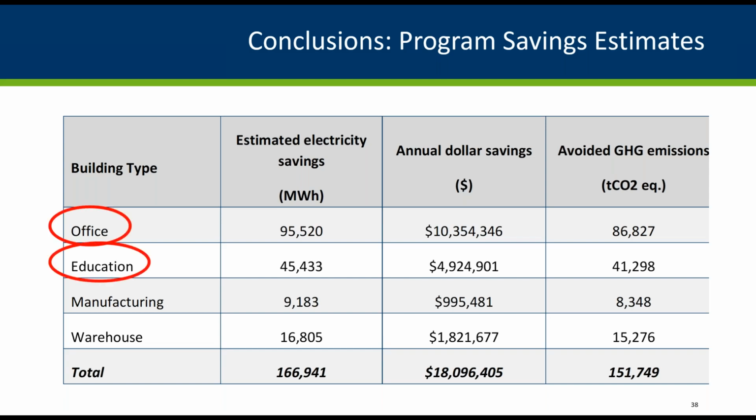This energy savings is equivalent to 15,500 typical Minnesota households' annual electric consumption, reducing greenhouse gas emissions by approximately 152,000 tons of carbon dioxide, or the equivalent of taking 32,000 passenger vehicles off the road for a year. It also equates to over $18 million in cost savings to Minnesota businesses.